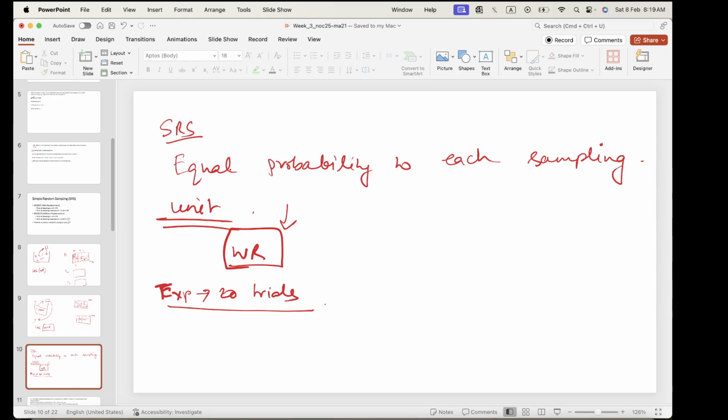The probability of a particular unit, if this is my population, let's say U1 to UN, or rather small u1, small u2, small un, if this is my sampling frame, and I assign equal probability, so if I have n samples, I assign probability 1 by n, 1 by n, 1 by n.